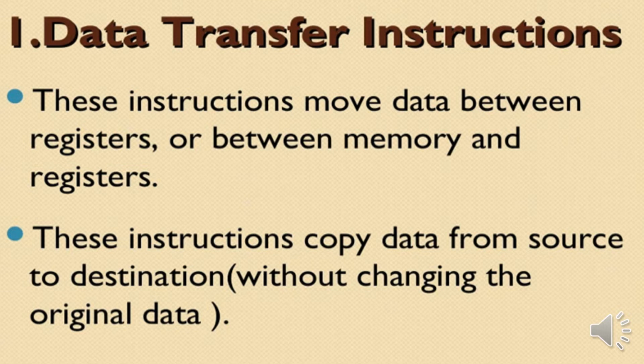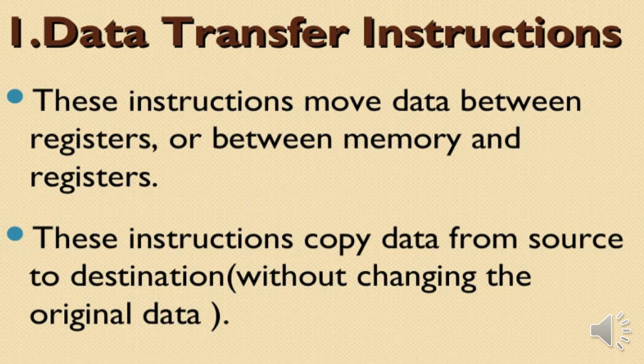In other words, they copy data from source to destination. The source can be data, the content of a register, or the content of a memory location, whereas the destination can be a register or memory location. These instructions do not affect the flag register of the processor.